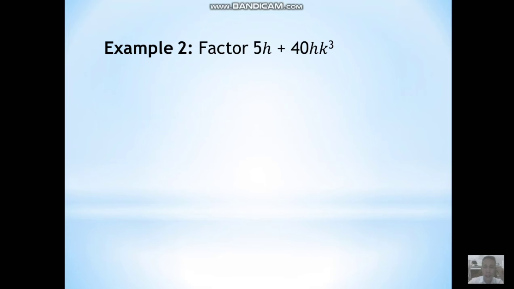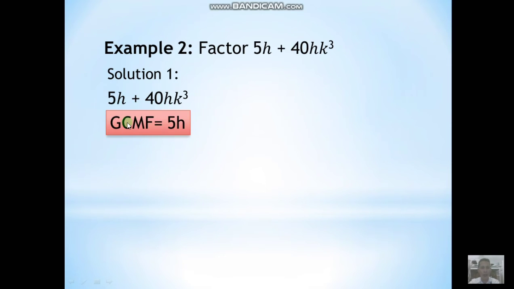Okay, let us take example number 2. Factor 5h plus 40hk cubed. In this case, guys, we have two solutions. Solution number 1: if you have noticed, we have what we call the greatest common monomial factor, and that is 5h. 5h is common in the expression, so this is now our first factor.